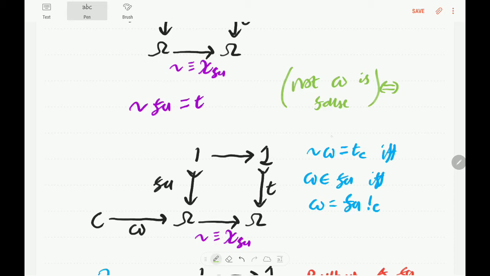Sorry, if we know that not W is true, then we know that W is false.